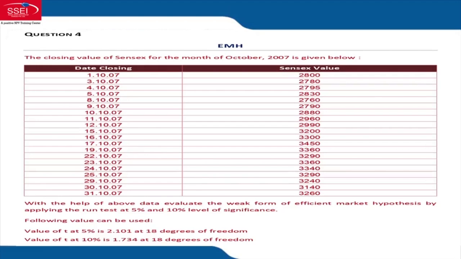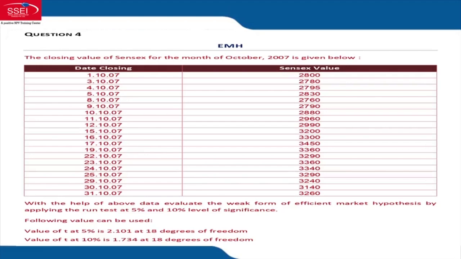So everybody knows that. If you look further down, what's the question saying? With the help of the above data, evaluate the weak form of efficient market hypothesis by applying runs test at 5% and 10% level of significance. Now, you know that there is something called the T distribution. In the T distribution, we have n1 plus n2 minus 1, that is 18 degrees of freedom, because n1 means number of pluses, n2 means number of minuses.